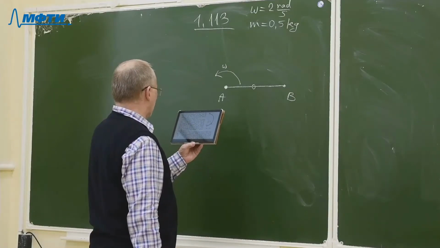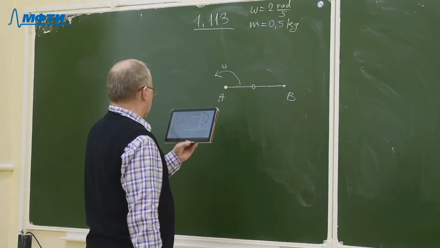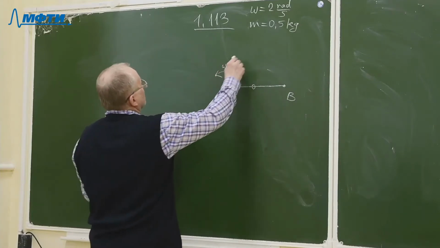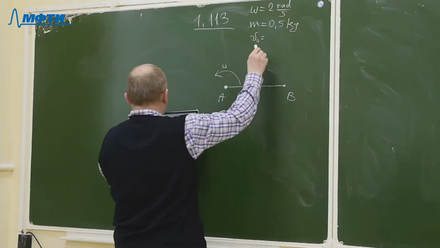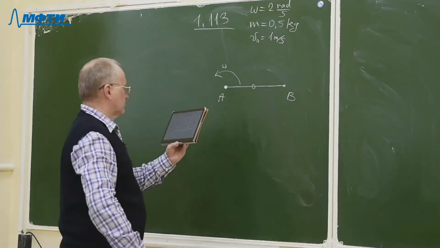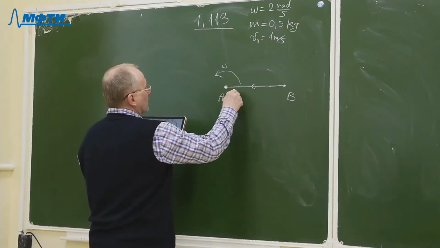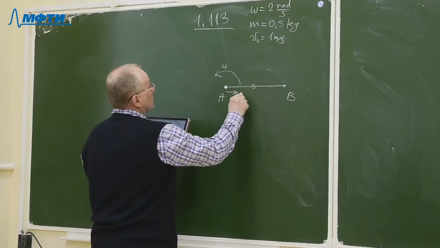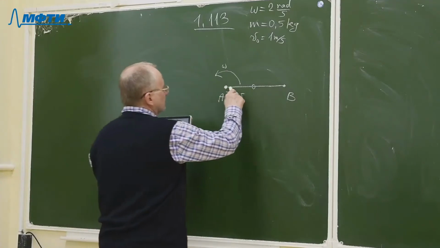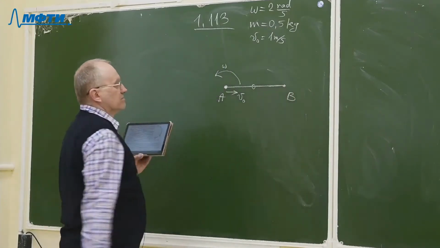Originally the sleeve was given some velocity with respect to the rod, the original velocity of 1 meter per second. From point A, this ring was pushed with the initial velocity v0. And then it starts sliding along the rod, and the rod is rotating.